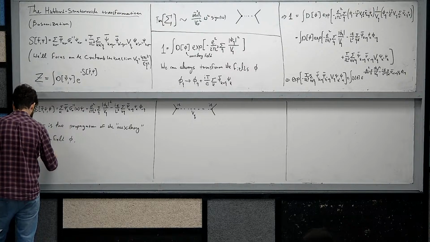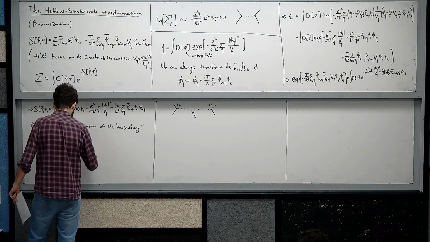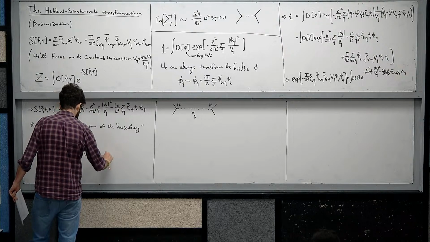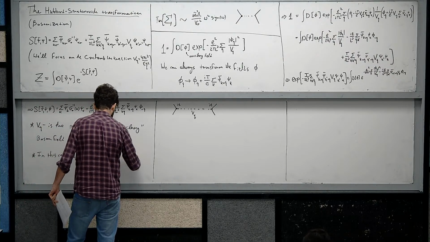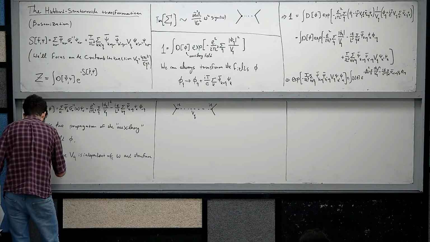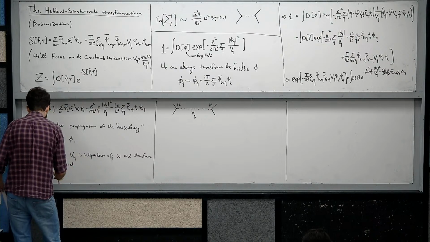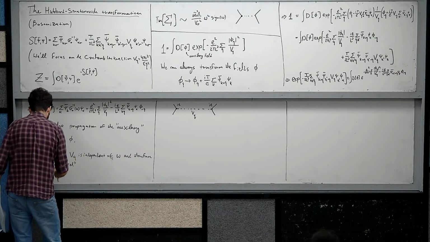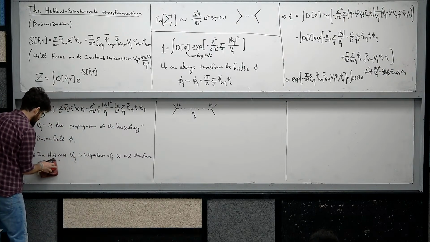The second thing is, in this case, V of Q is independent of omega, and therefore phi is naively classical.